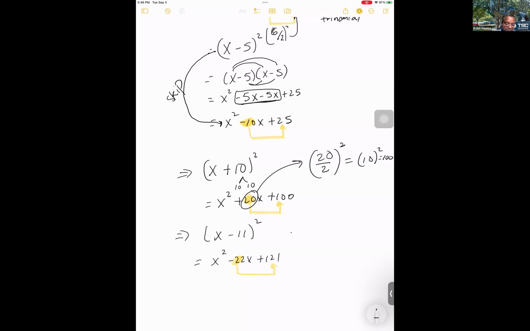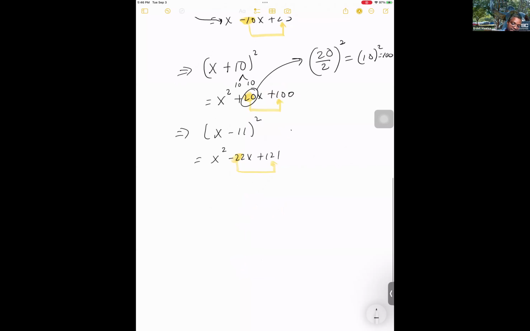So if I gave you this question, x squared minus 22x plus, and I'm telling you the last number is missing, you can find this number.